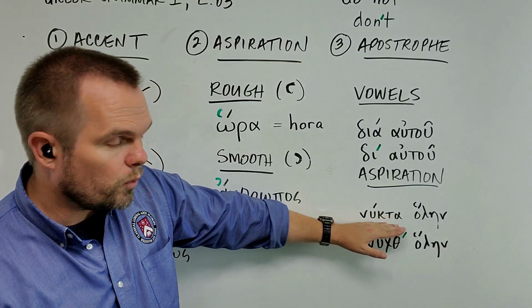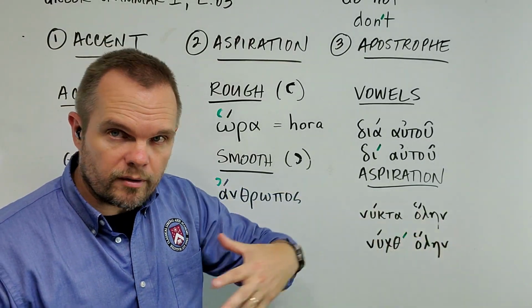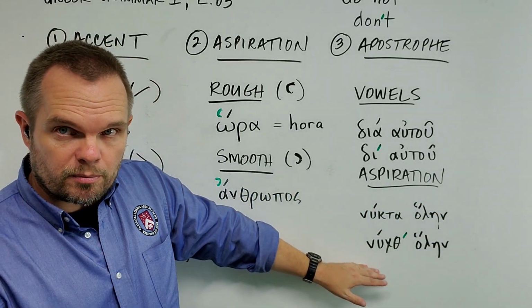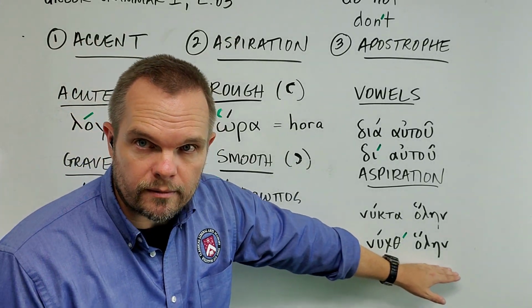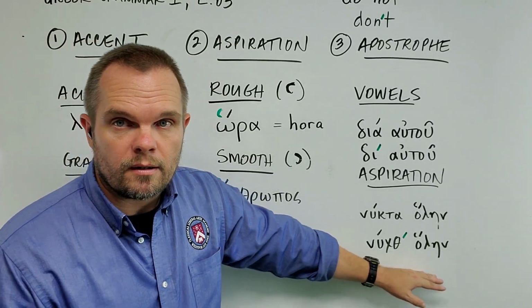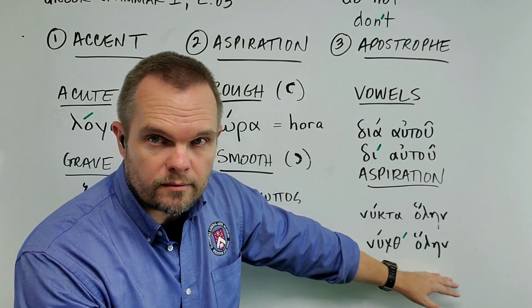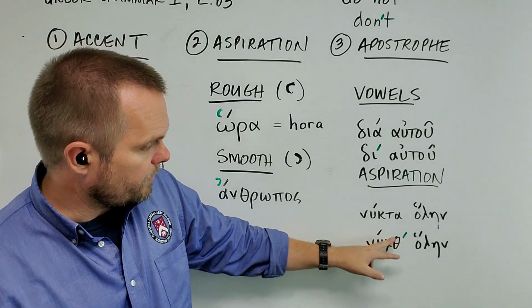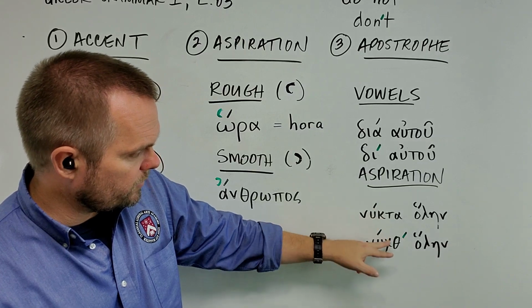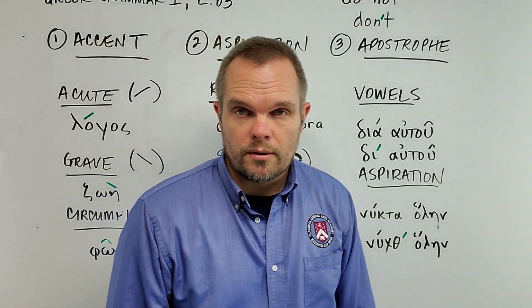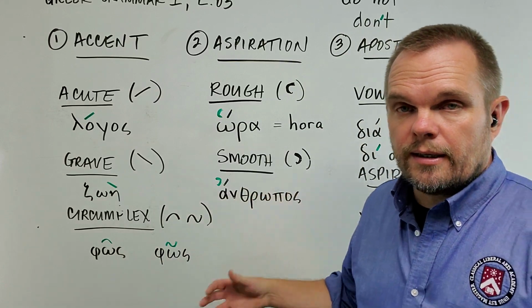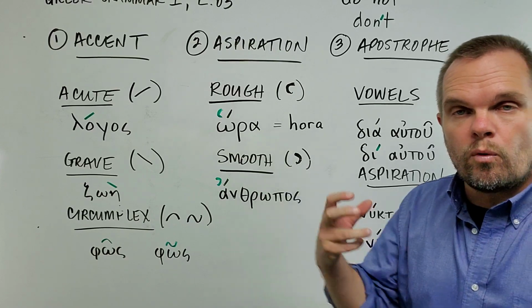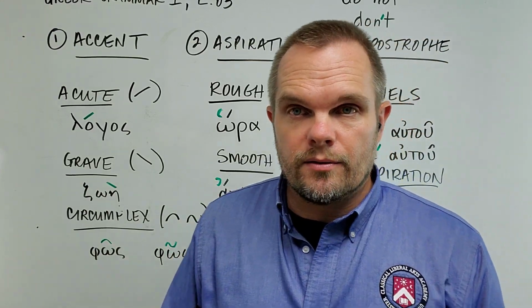So instead of nukta holen, which is very slow and choppy and difficult to pronounce, now we can say with a lot of aspiration, nukt holen. Okay? And you can see we can bring that aspiration back into this word by changing these simple mutes into aspirated mutes. Now, I know that that's a lot to understand, and in most Greek classes, the teachers wouldn't explain what's going on there and why those consonants change when there's a contraction.